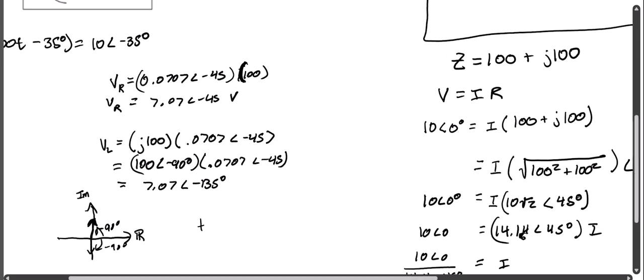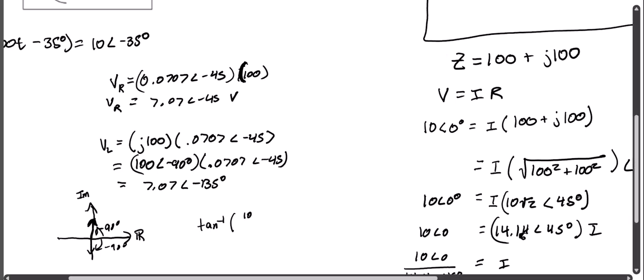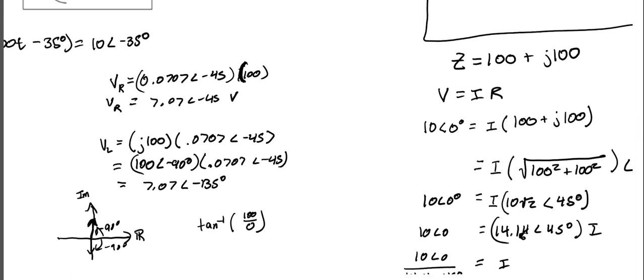You could also do the inverse tangent of B over A, which would be 100 over 0, infinity. The inverse tangent of infinity is 90 degrees. You want to be able to do that quickly: just j is 90 degrees, just minus j is negative 90 degrees.